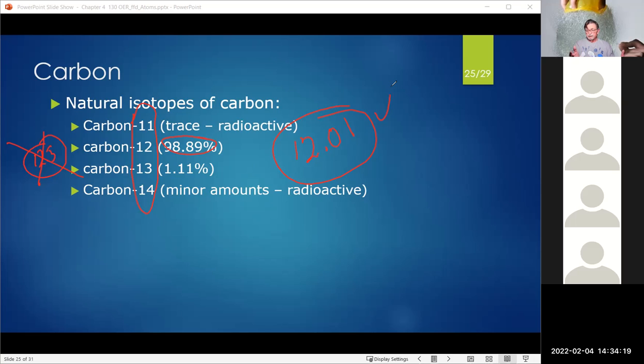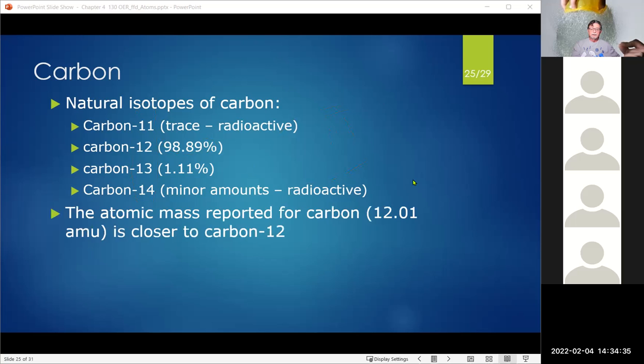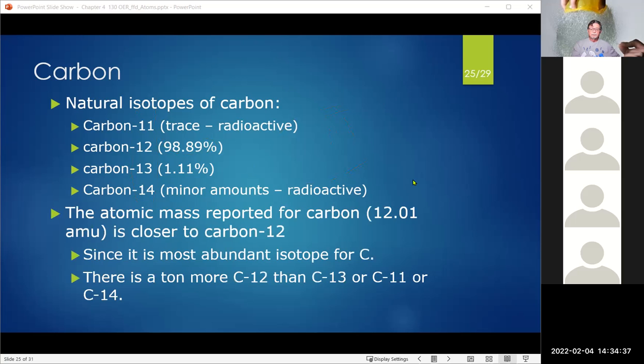And so we don't utilize the atomic weights in any calculation that we need to determine sig figs, okay? All right, let's clear that up.